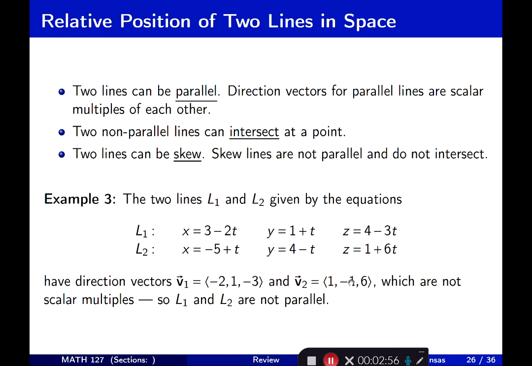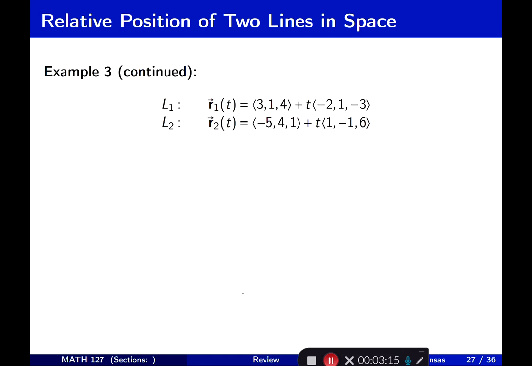So out of the three types, parallel is out, and two types are left. Either they intersect or they're skew. How do we figure out if they are intersecting or not? Let's dissect it a little bit.